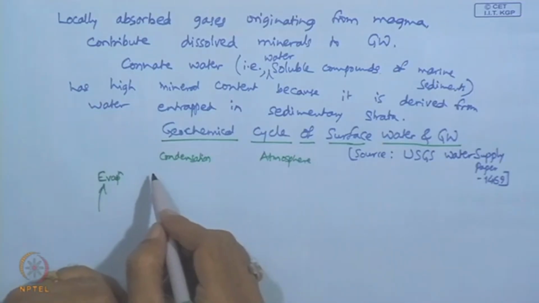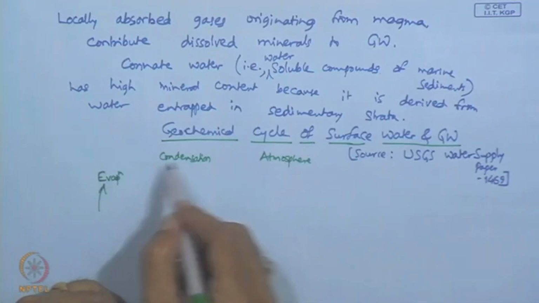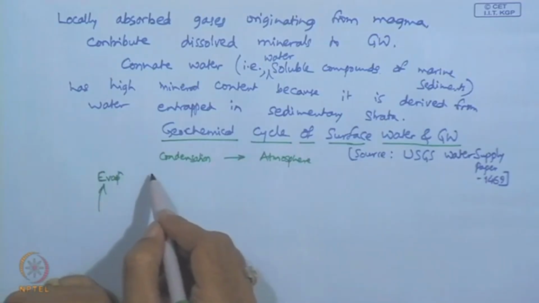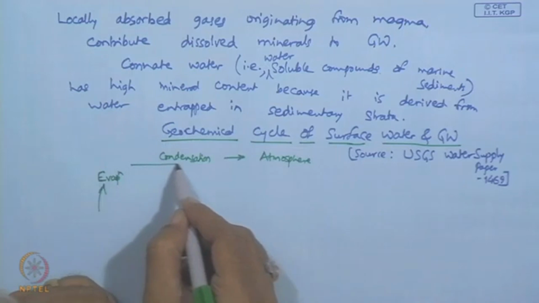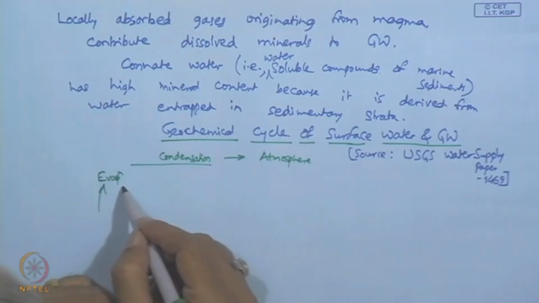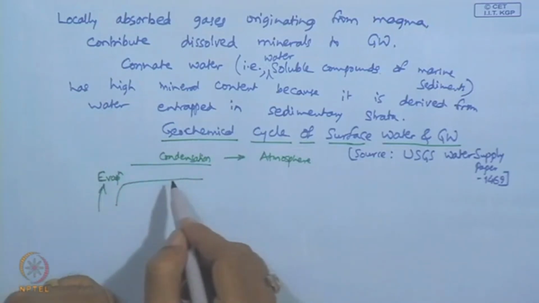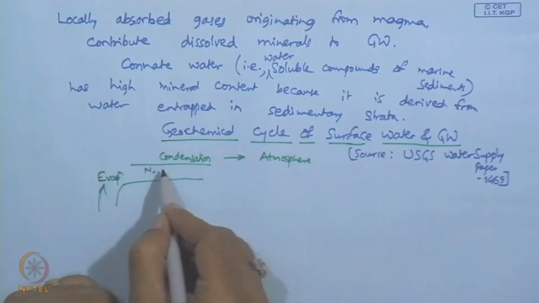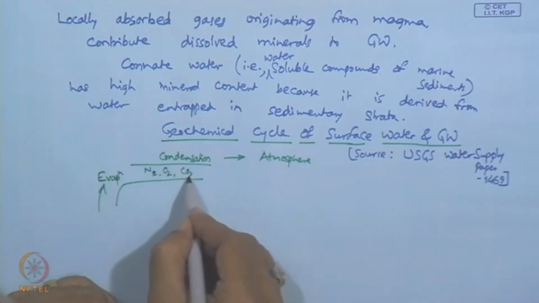While condensation occurs, it gets nitrogen, oxygen, N2, O2, CO2.